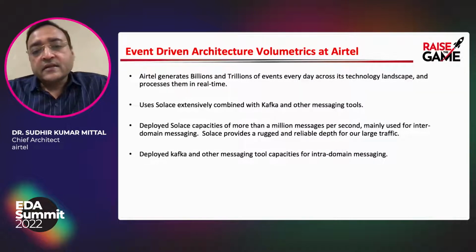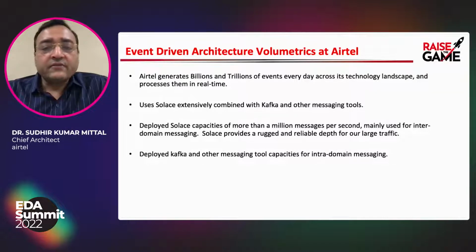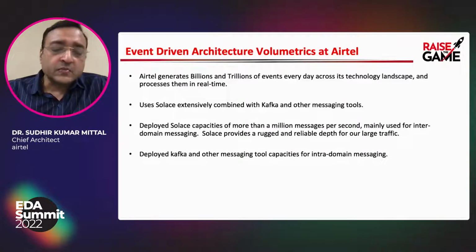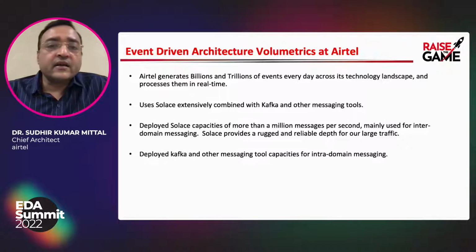Solace provides rugged and reliable delivery for our large traffic. We have provided a huge spool capacity. With this kind of large operation, even a glitch somewhere is going to cause huge spooling of such events, and we have provided adequate capacity using Solace for that.